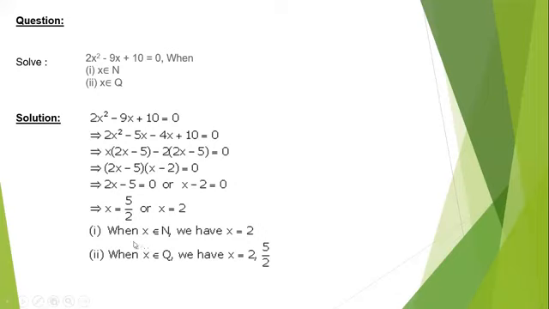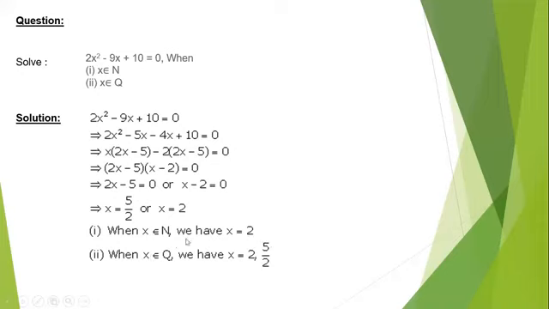Out of these two answers, we have to give the final answer on the basis of the condition given. Out of these two answers which we got, only 2 is the natural number. So for the first part, only x equal to 2 is the answer. You know 5 by 2 is not a natural number.